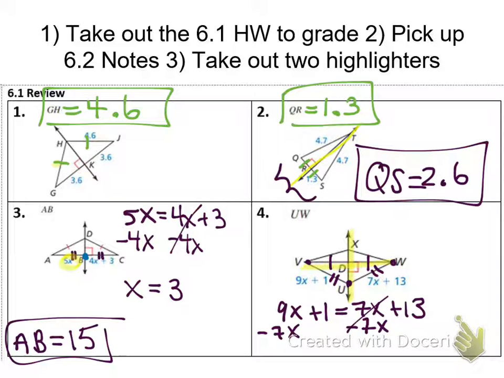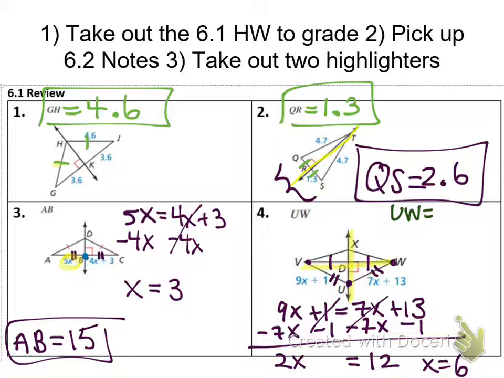I'm going to do 2 steps in 1 because of how little room I have. That makes 2x. I'm going to subtract the 1 as well. So 2x equals 12. So x equals 6. Got to plug it back in for UW. So 7 times 6 is 42, plus 13 is 55.